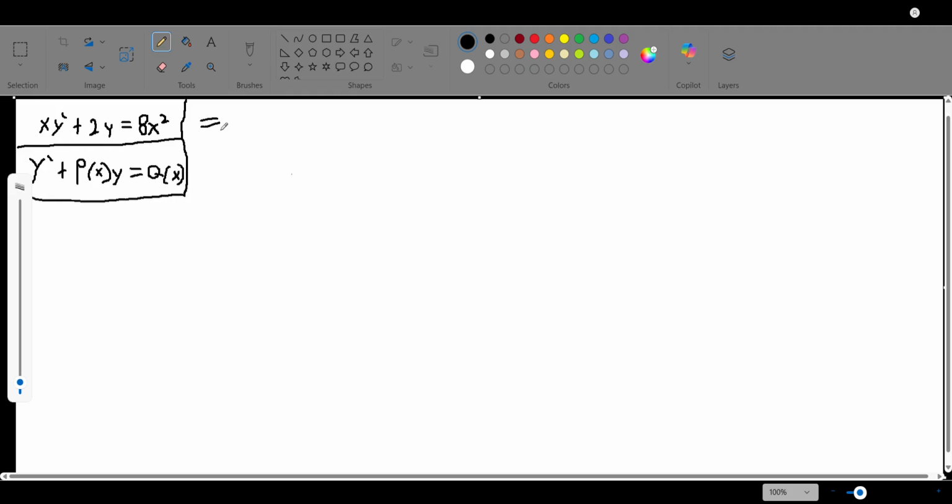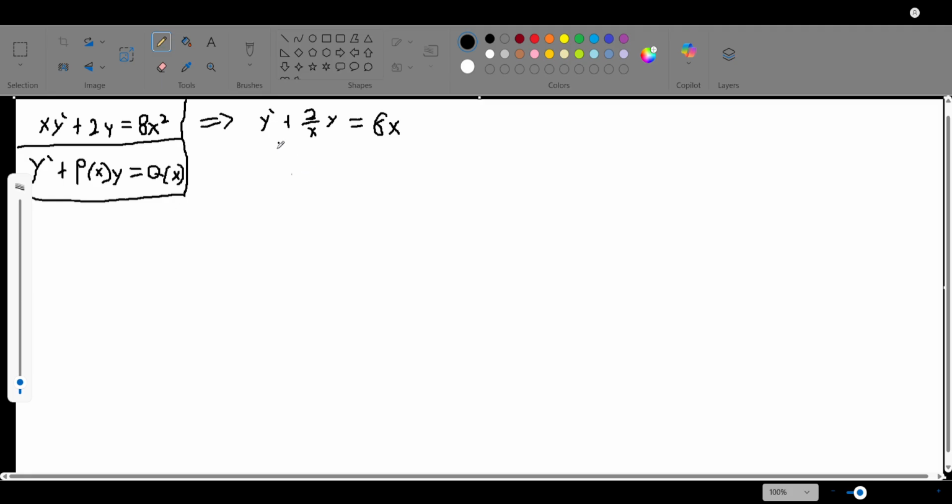So, dividing by x, that's basic algebra. We just get y prime plus 2 over x times y is equal to, and 8x squared divided by x is just 8x.